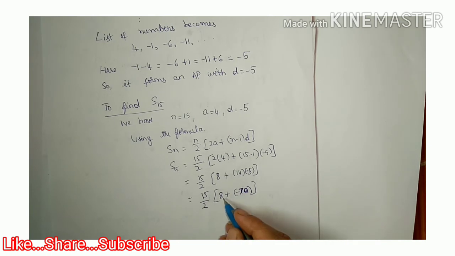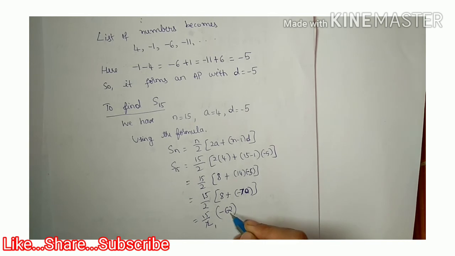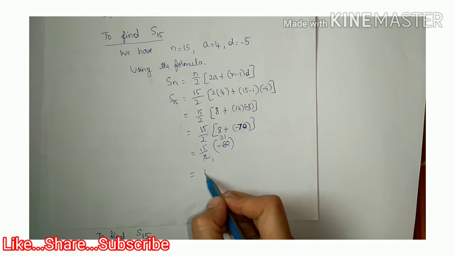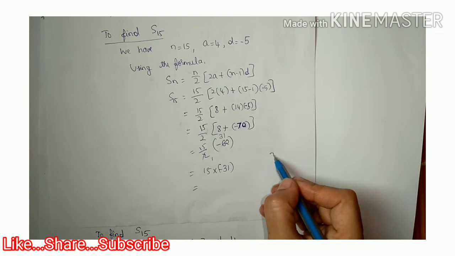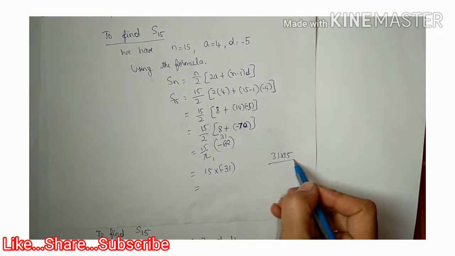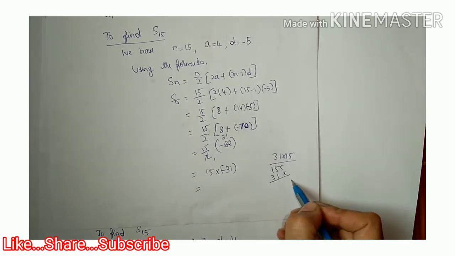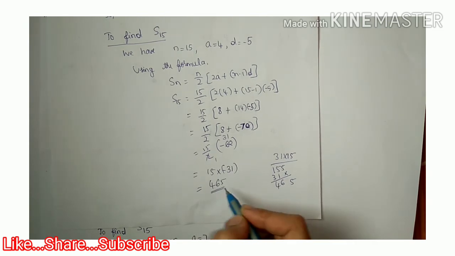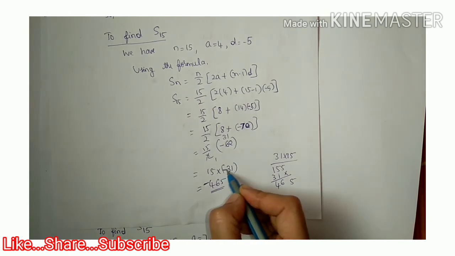Minus 70 plus 8, minus 62. Here 2 ones are 2, 31. 15 into minus 31, minus 465. So the sum of the first 15 terms of the list of numbers is minus 465.